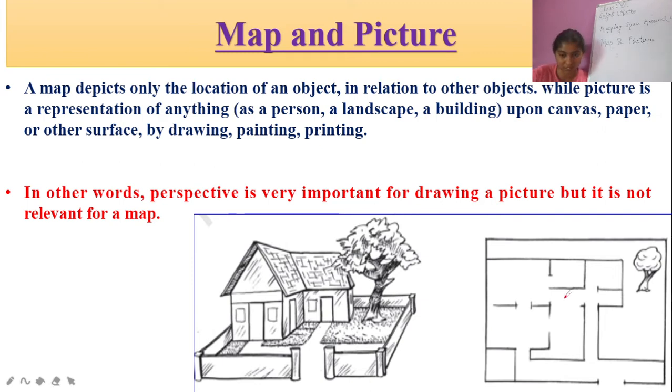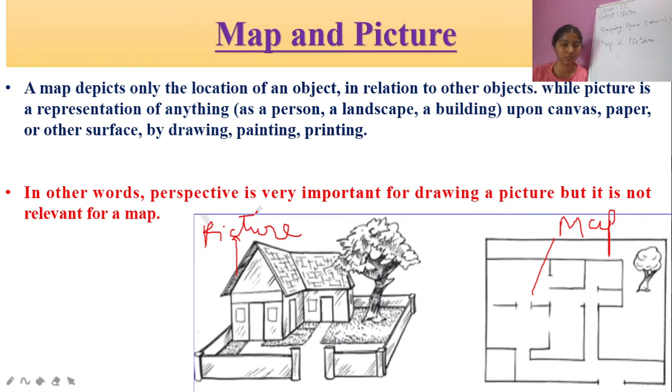Okay, so this is a map and this is a picture which has been drawn on paper. So that way you can differentiate between a map and a picture.